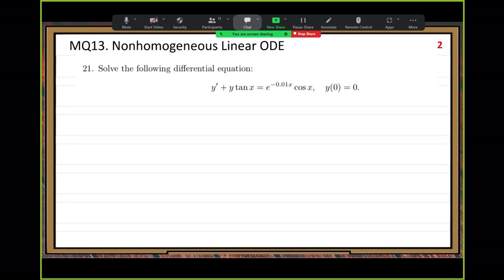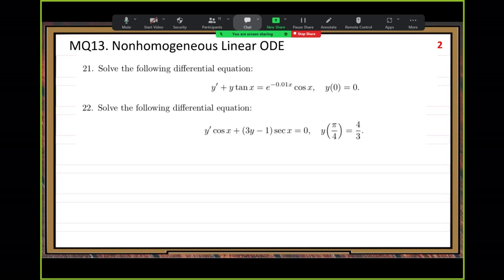So you just use the formula. Here, you can see you can convert it to the standard form first. Standard form, P of X and R of X.